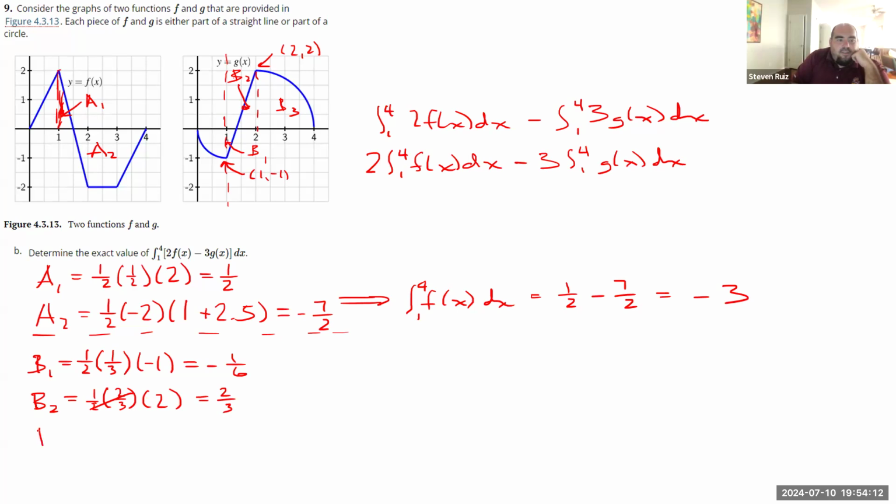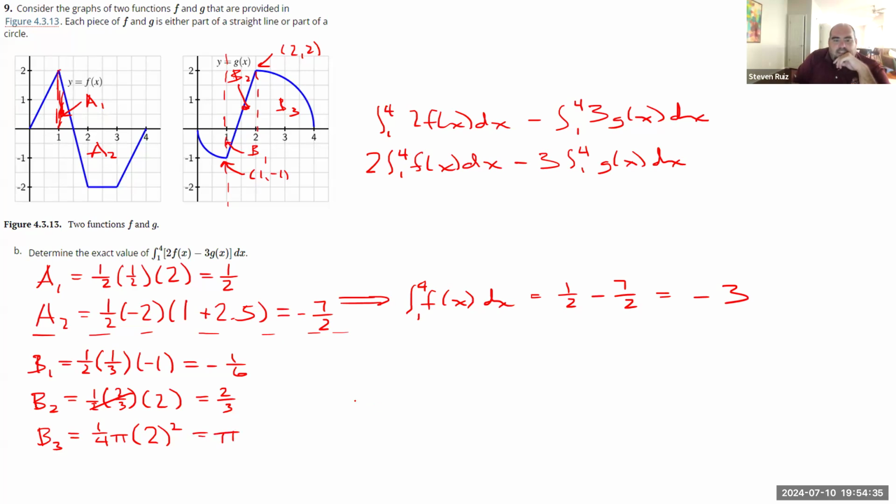And then finally, what is the area of B3? That's a quarter circle. So 1/4 times pi times the radius squared. What's the radius this time? Looks like the radius is 2, squared. So 1/4 times 4 times pi, that is pi.